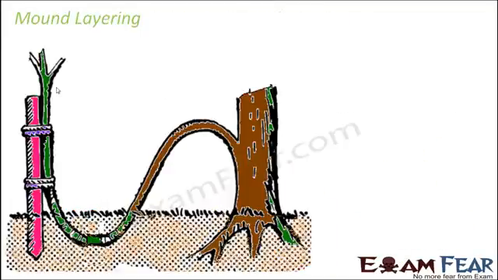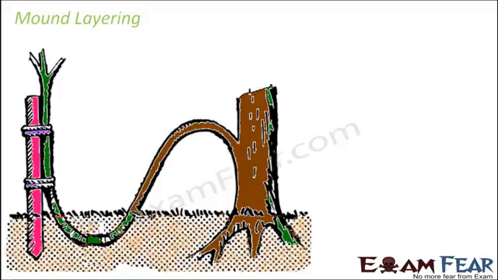So how do we do it? In mound layering, we pull a branch towards the ground. If you see here, a branch of the main plant is pulled towards the ground, and then a part of it is covered with moist soil. If you see, this is the soil, this portion, right?